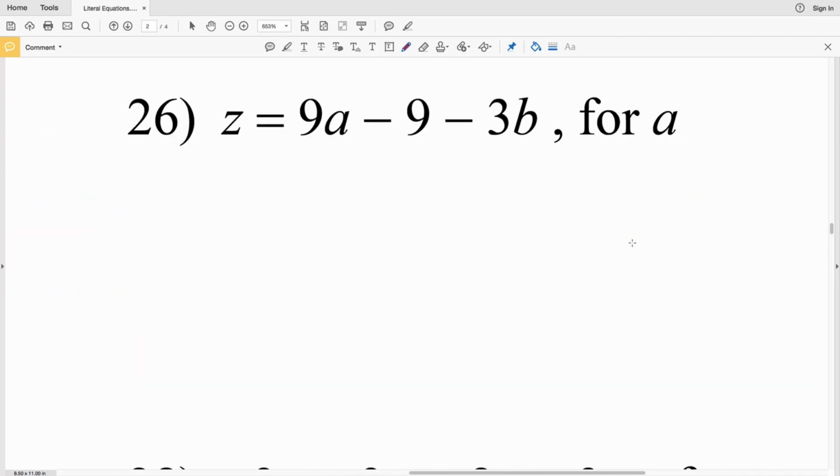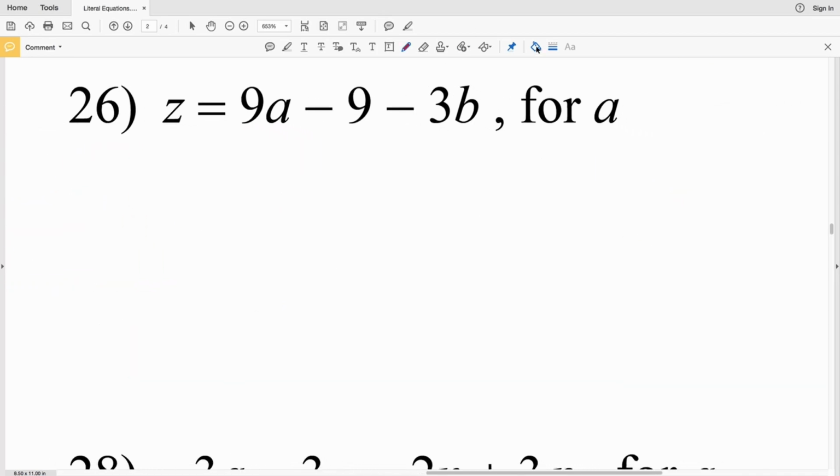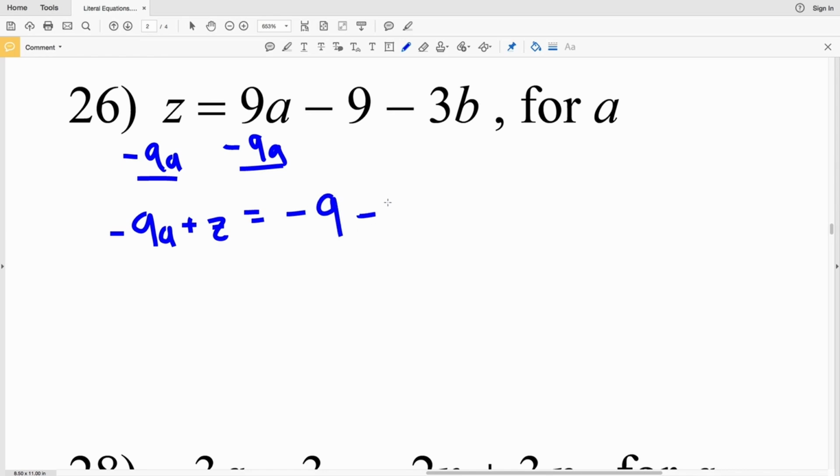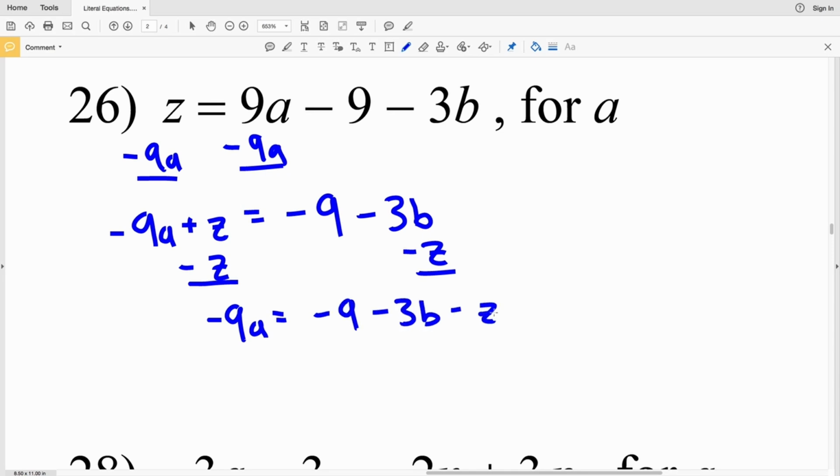Number 26. Again, we're solving for a, so I'm going to move the a to the left-hand side. We'll have negative 9a plus z equal to negative 9 minus 3b. Going to subtract z from both sides to get that negative 9a equals negative 9 minus 3b minus z.